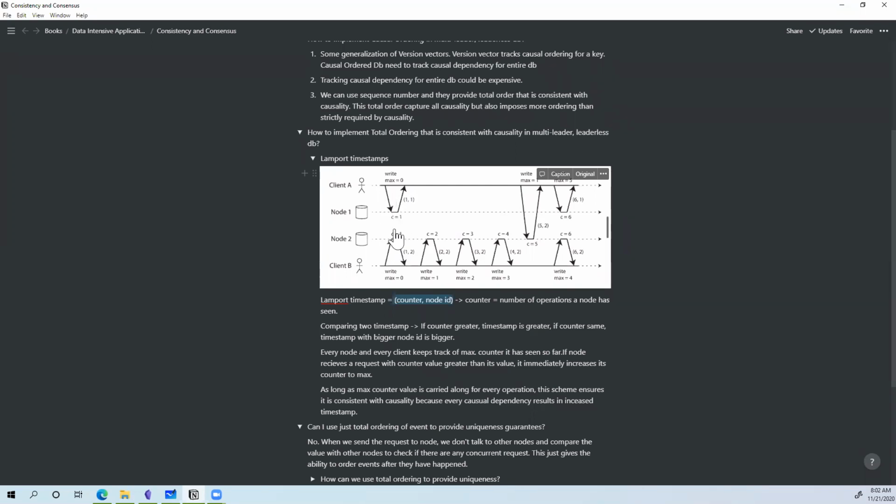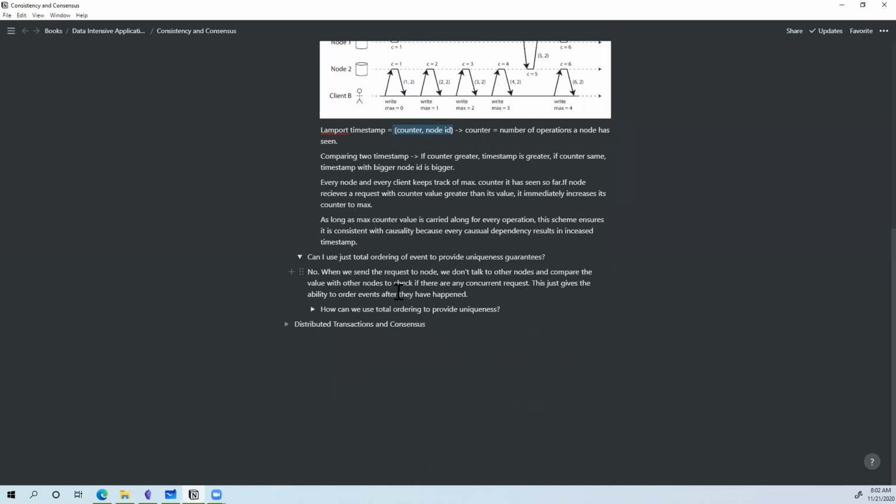When we were making the writes, these nodes were not talking to each other and not ordering themselves. So when we send a request to a node, we don't talk to other nodes and compare the value with them to check if there is any concurrent request. This just gives the ability to order the events after they have happened.